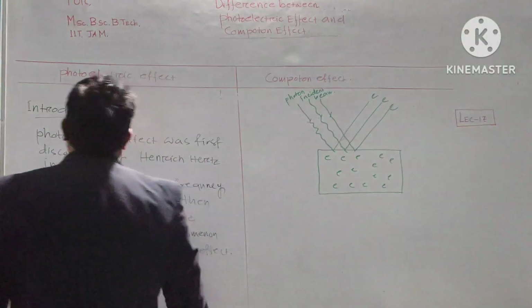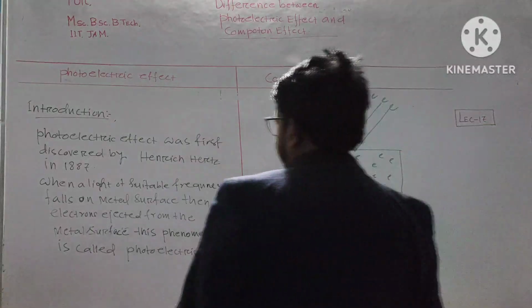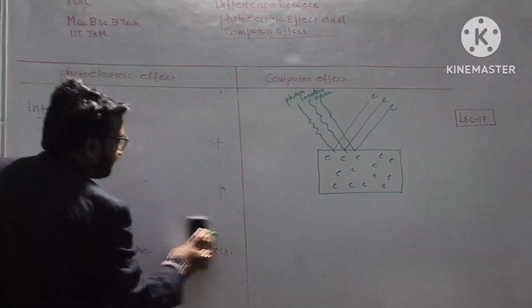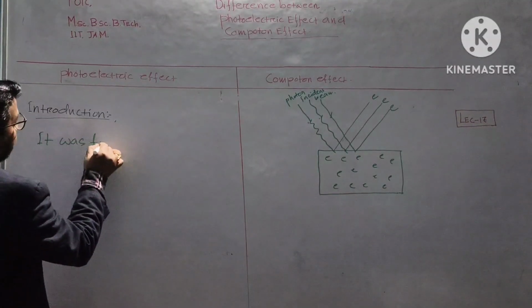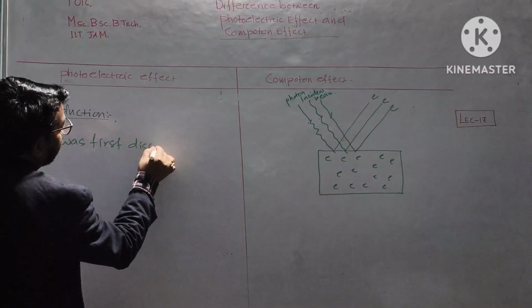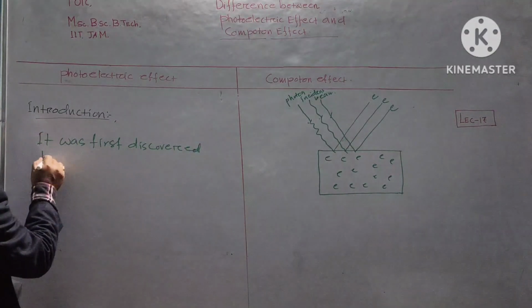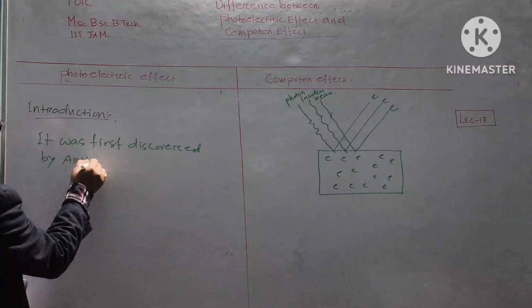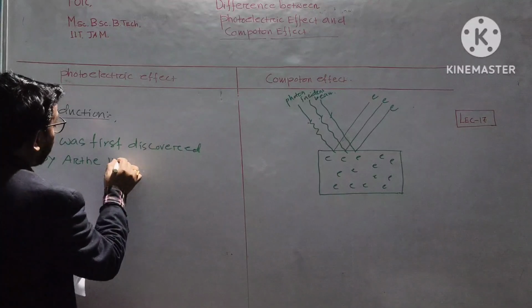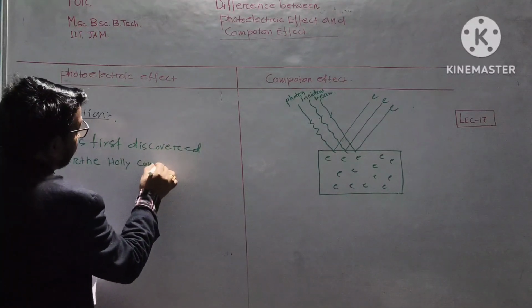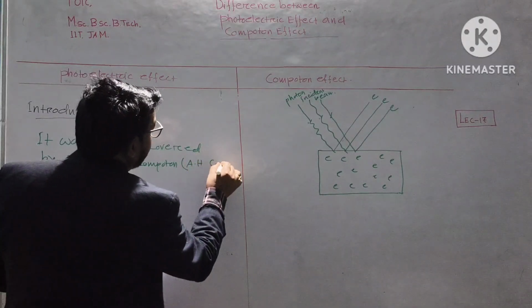Now we are going to discuss the Compton effect. It was first discovered by Arthur Compton. In short, we can say A.H. Compton.